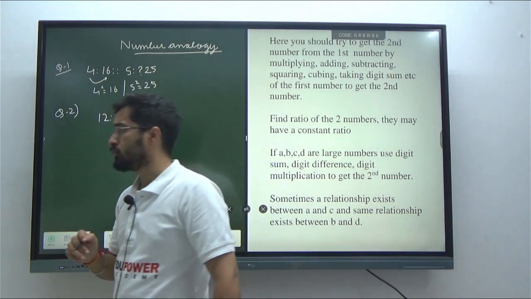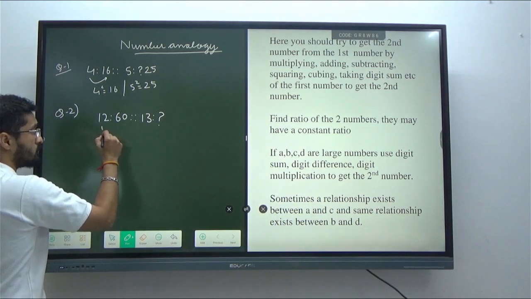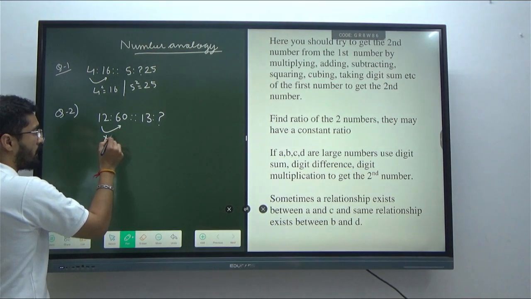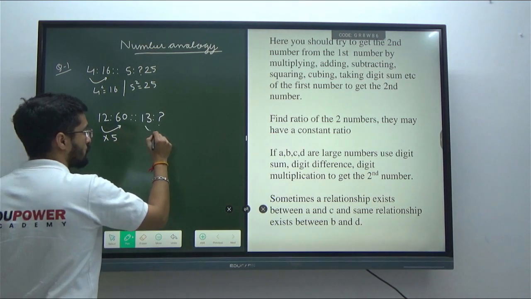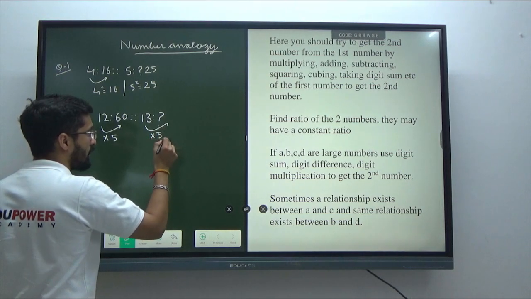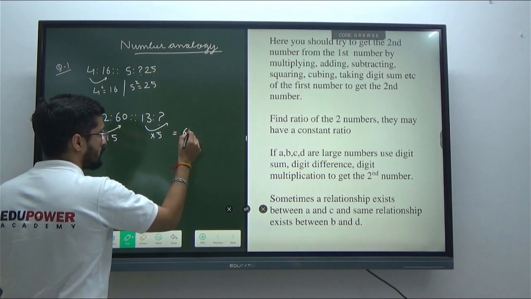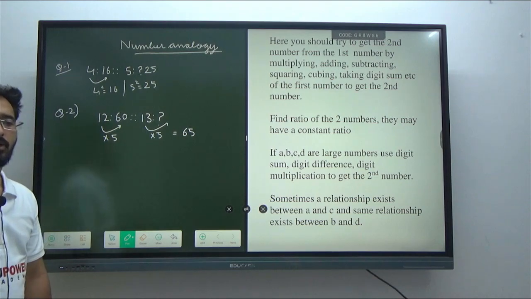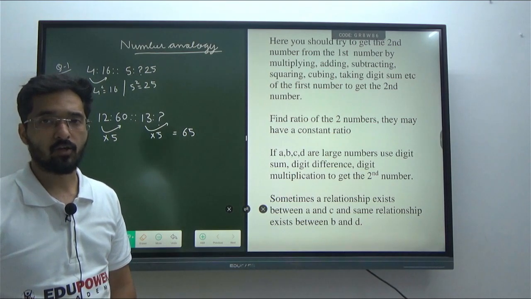So 12 is to 60, what is the ratio? We can say 12 fives are 60. So here the answer should be 13 fives are 65.